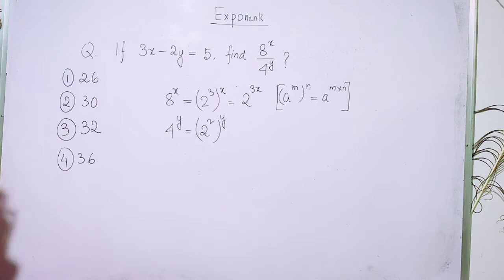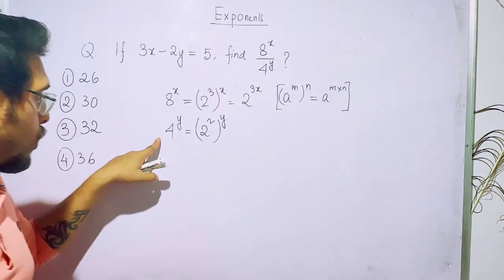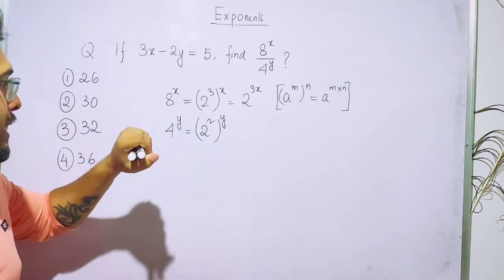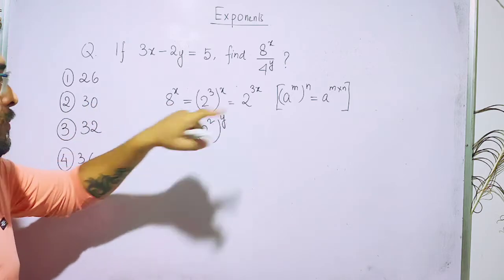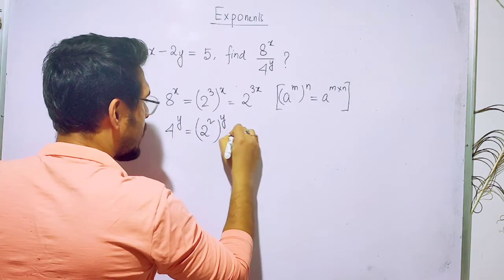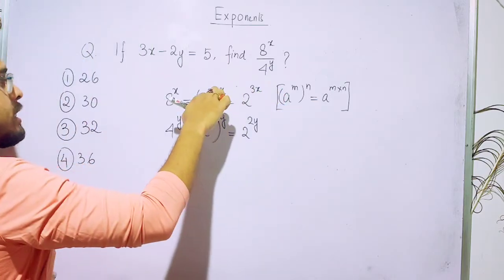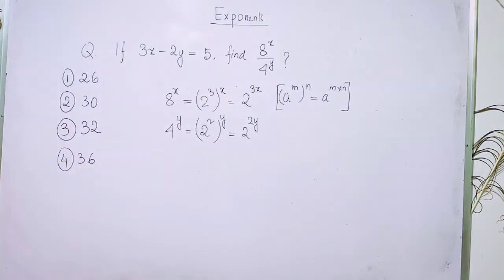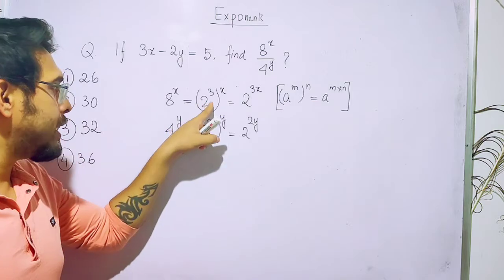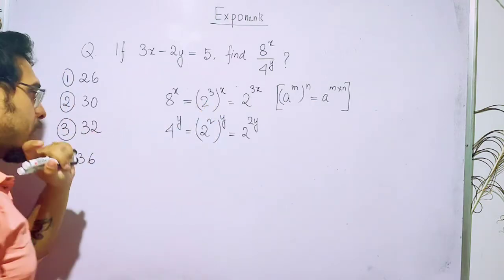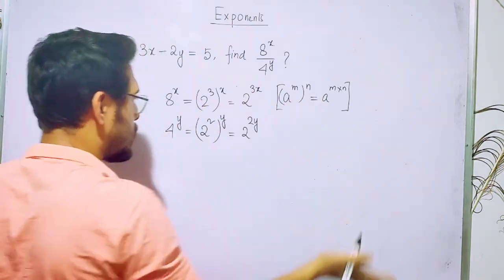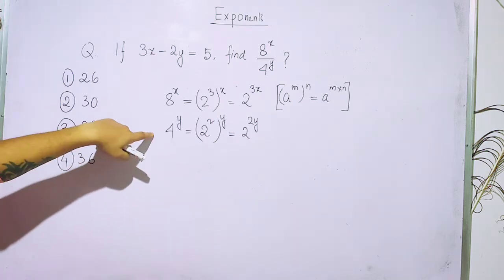How? Same way, 4 we can write as 2 squared, and y is the power. So we can write it as 2 to the power of 2y. Similarly, here also we did 8 as 2 cubed. Now again we are applying the same logic, so no need to write it again, you have already understood.